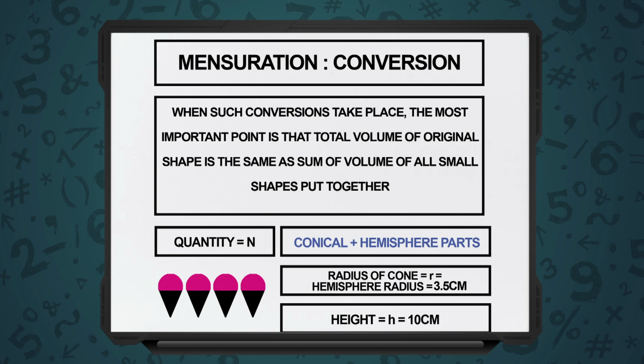If the vertical length of the ice cream cone is 10 centimeters and the radius of the circular part is 3.5 centimeters, how many complete ice cream servings can he offer?